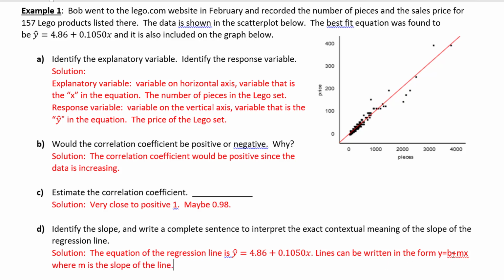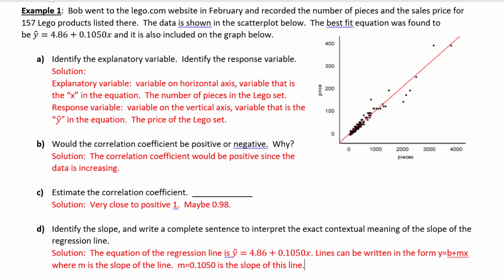So matching that up, y equals b plus mx. In our case, b is the 4.86 and m is the 0.1050. So since we're interested in the slope of the line, and we know that m is the slope of the line, and we know in our case m is 0.1050, we know that the slope of this line is 0.1050.